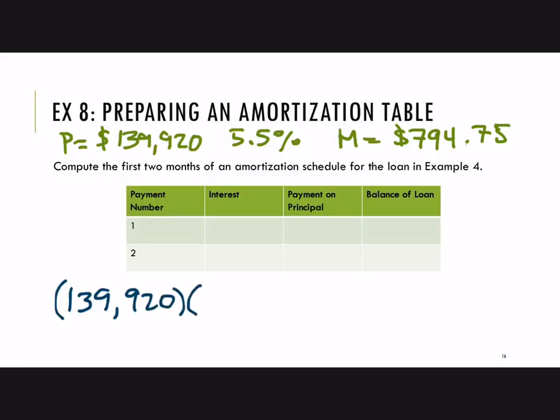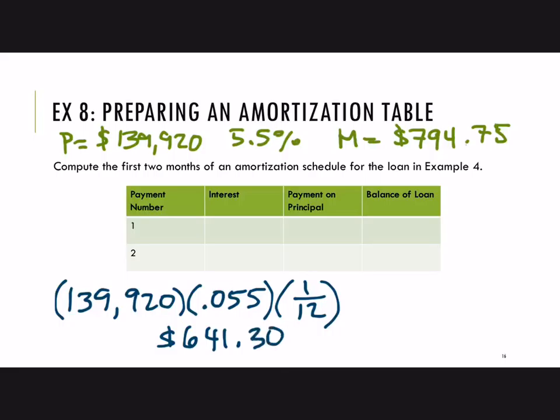So I equals PRT, principal times rate, and then times time, which is 1/12. That gives $641.30. So that's the monthly amount of interest. That number goes here in the table.